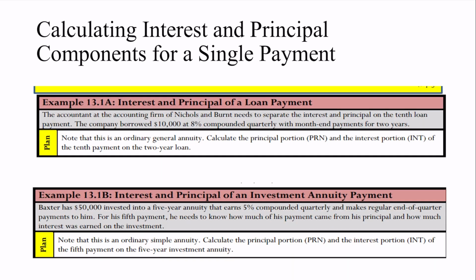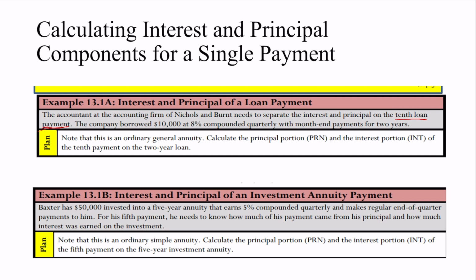Now these two examples are going to help us understand this idea more effectively. The accountant at the accounting firm of Nicholas and Burnt needs to separate the interest and the principal on the 10th loan payment. So keep in mind that we have to be careful about which payment we are talking about.